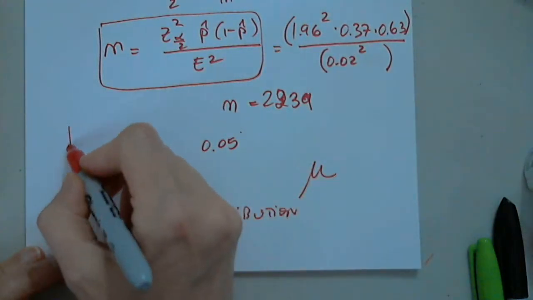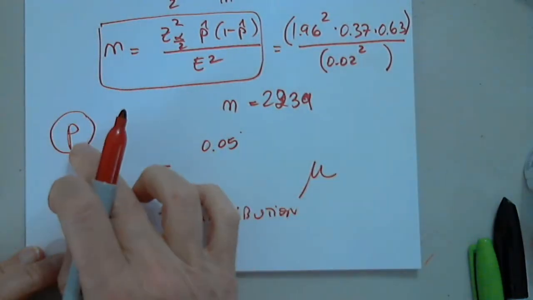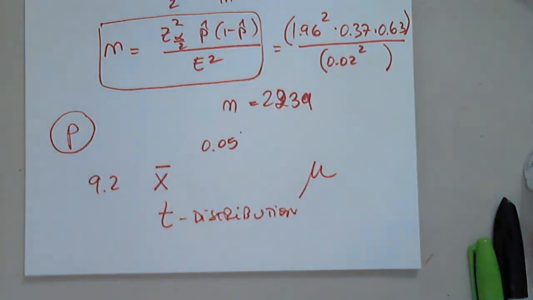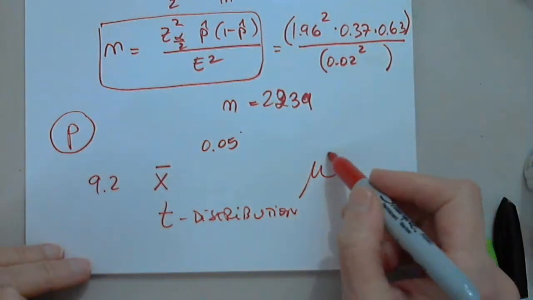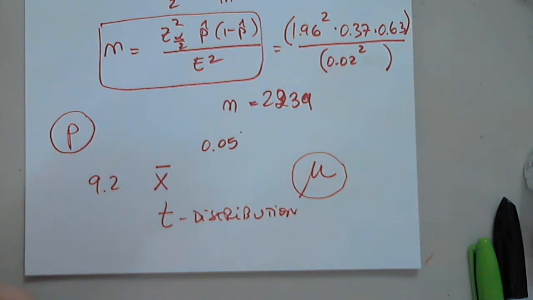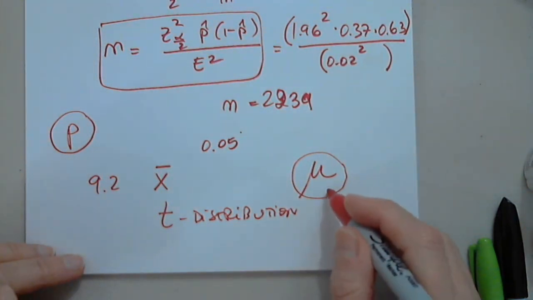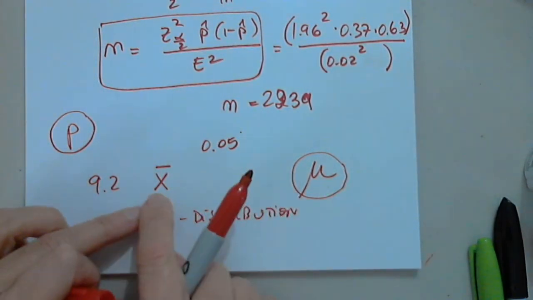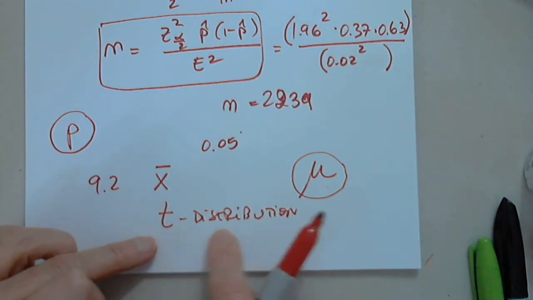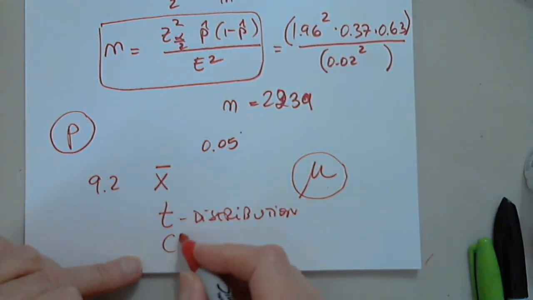In 9.1, we looked at the parameter p, the population proportion of people with such and such. But now we're looking at the average, the population mean. This is the parameter, and we're estimating it with a point estimate, and we're also going to find confidence intervals.